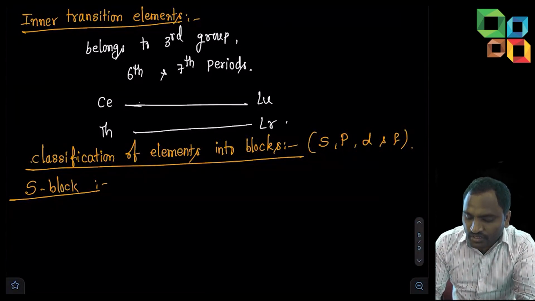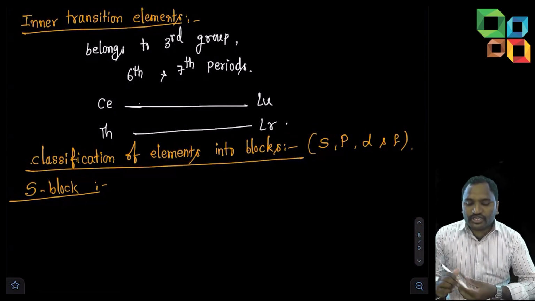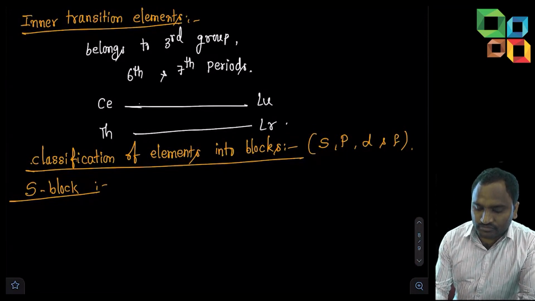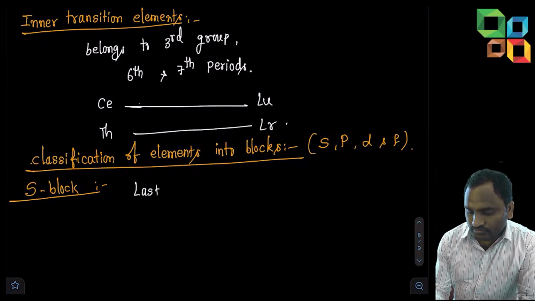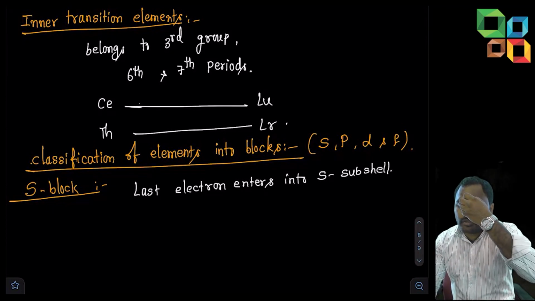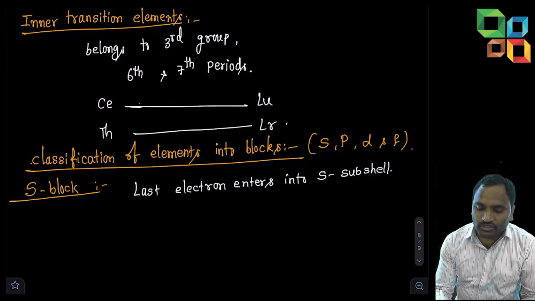For example, in lithium the differentiating electron enters into the S subshell.